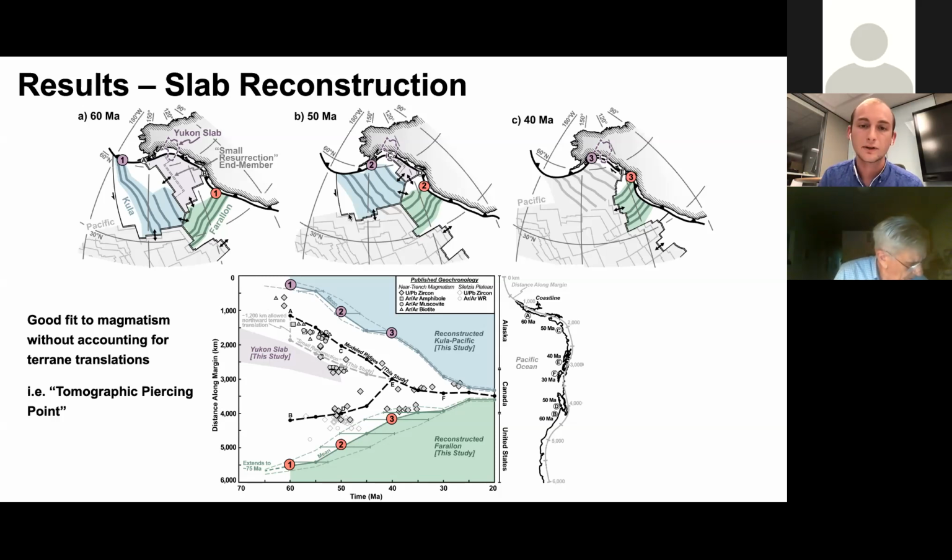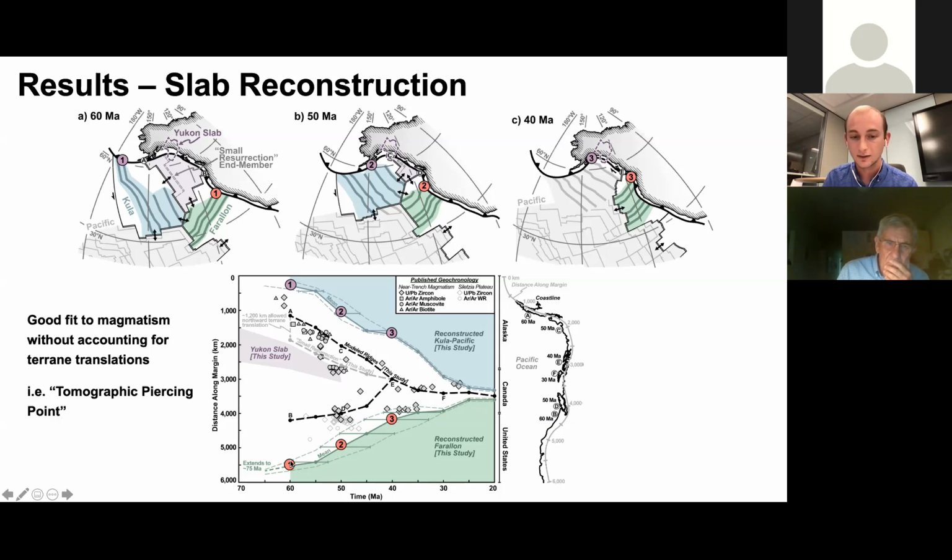Another important point that we can make with our slab unfolding results is related to the reconstructed Farallon plate here. Essentially, based on a similar argument to what I just talked about, the location where we can reconstruct the Farallon plate places a southern limit on where we can place this Farallon-Resurrection mid-ocean ridge.